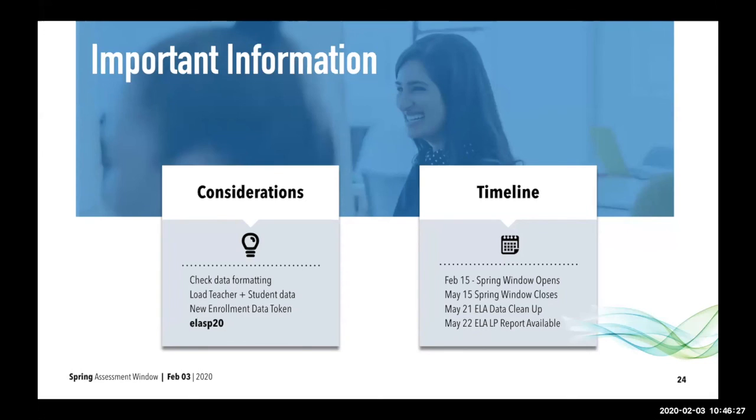And then on the right, you see the timeline. The window opens on the 15th. It will close on May 15th. We have data cleanup for data managers from the 15th through May 21st. And then it is hoped that the LP reports will be available on the 22nd of May.